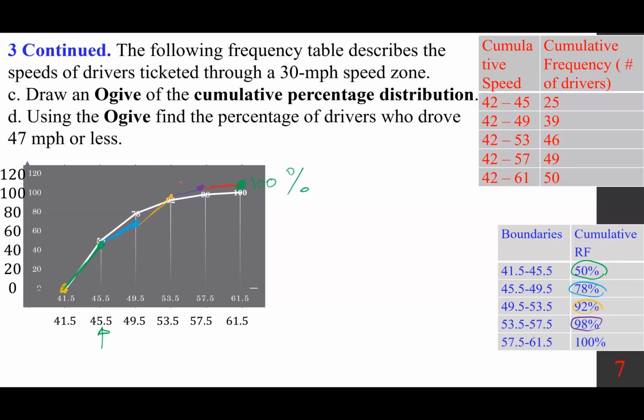Finally, what do we do with the ogive? We want to use the ogive to find the percentage of drivers who drove 47 miles per hour or less. So on the horizontal axis, we locate this number. On the vertical axis, we locate the answer.